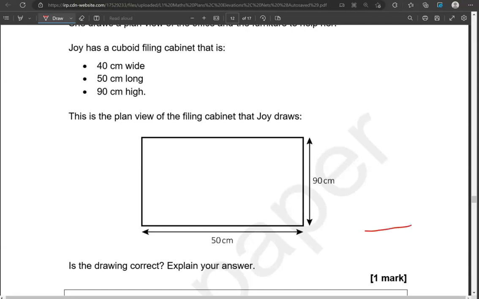So, the filing cabinet will look like this. It's 40 centimeters wide, 50 centimeters long, and 90 centimeters high.